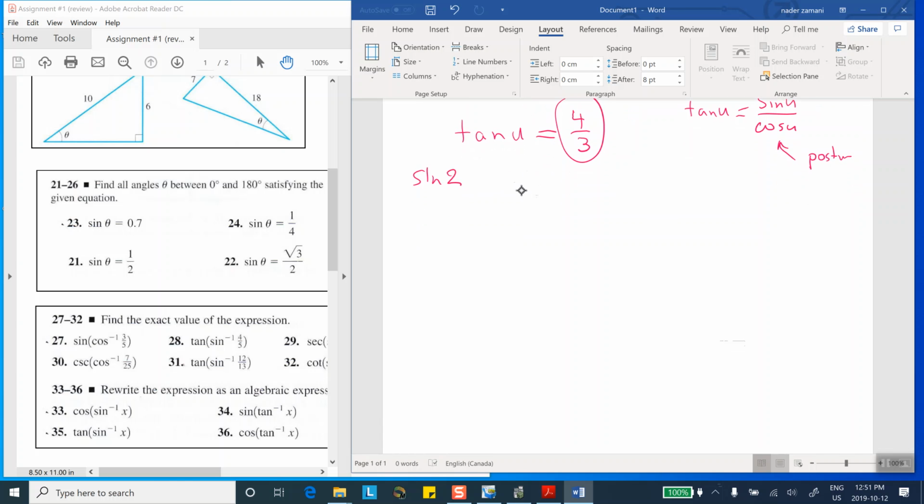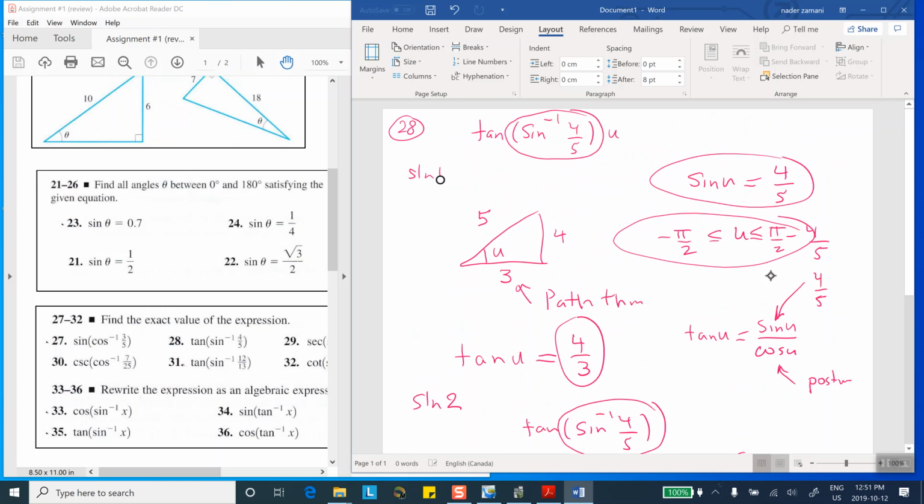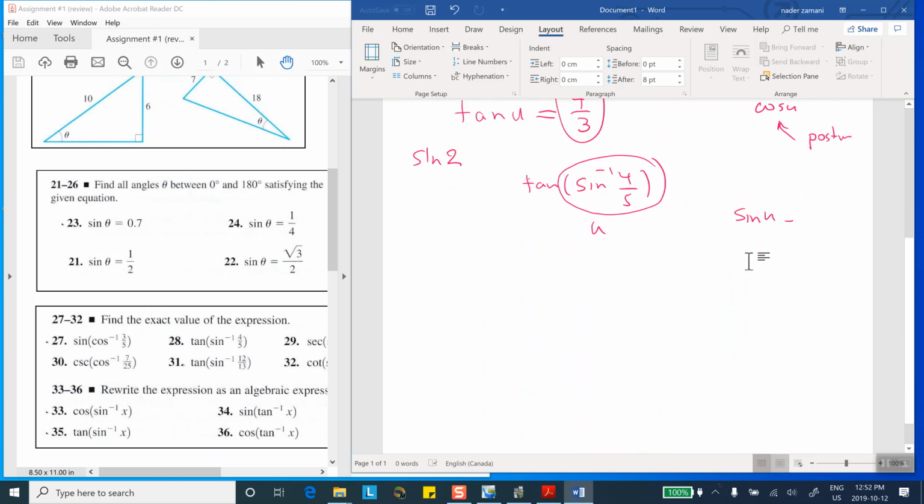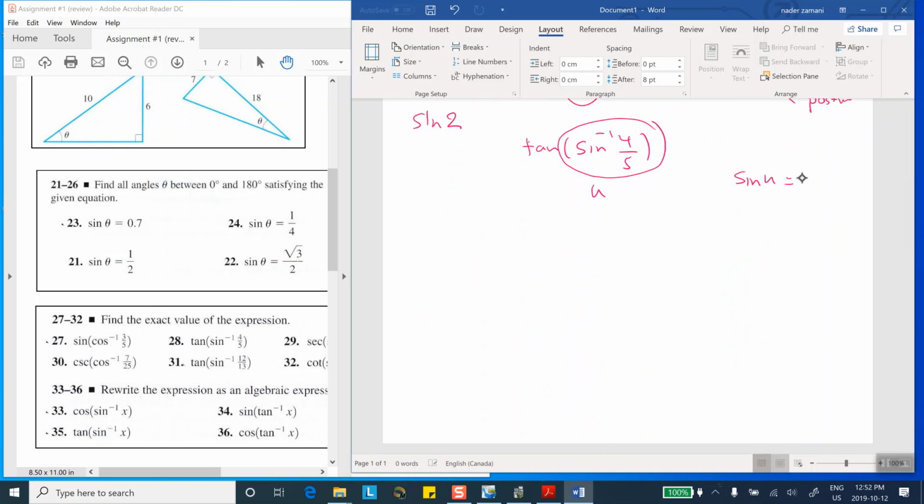So let's see now. Second approach, we start with exactly what we had. In other words, tan of sine inverse of 4 over 5. We call this thing u, just like before. As soon as we do that, sine of u becomes 4 over 5, and u is between pi over 2 and minus pi over 2.